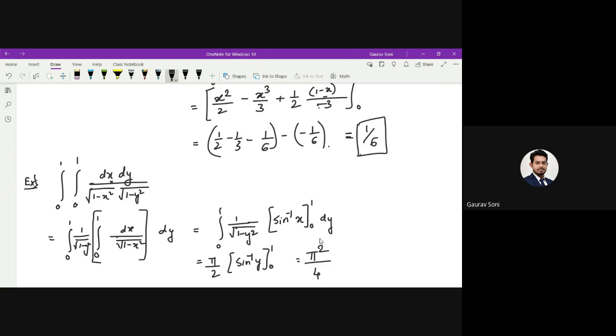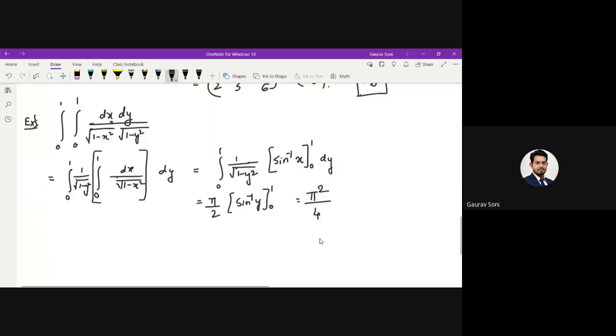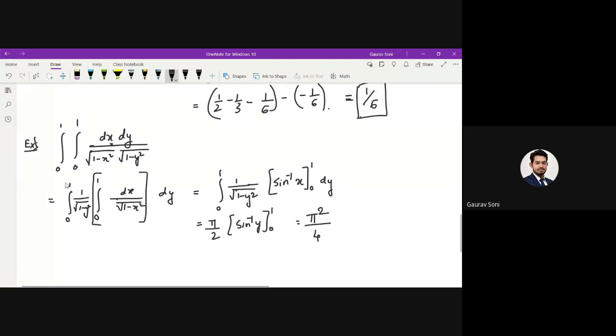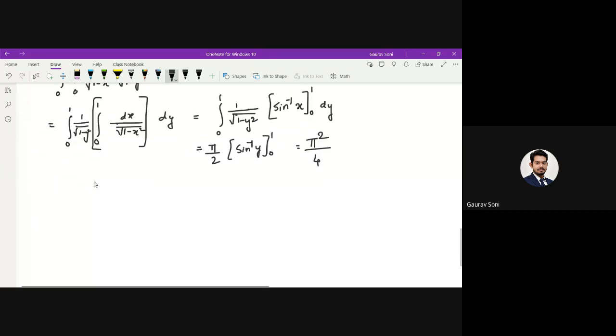So evaluating part is clear now. Once we are done with evaluating part, we'll look at how we get the limits. How do you give the limits to this kind of integrals? For that purpose, the fourth example I'm going to write down, which you can solve later and find out what is the answer for this.